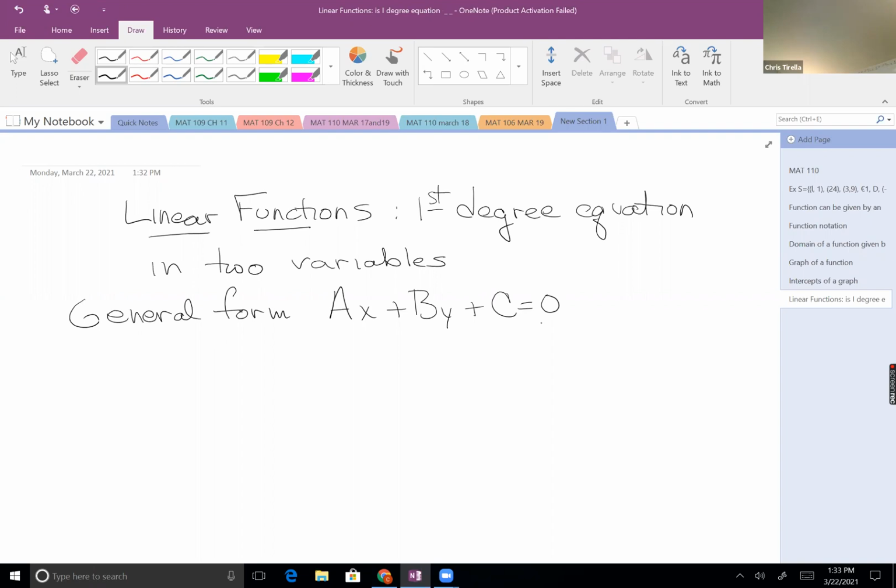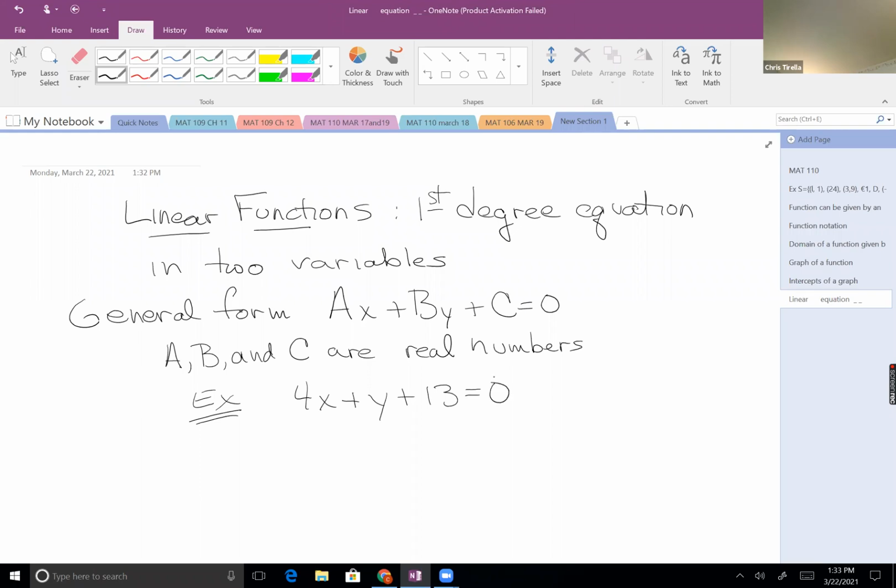So if it's in general form, one side is 0, and a, b, and c are real numbers. So an example might be something like 4x plus y plus 13 equals 0.